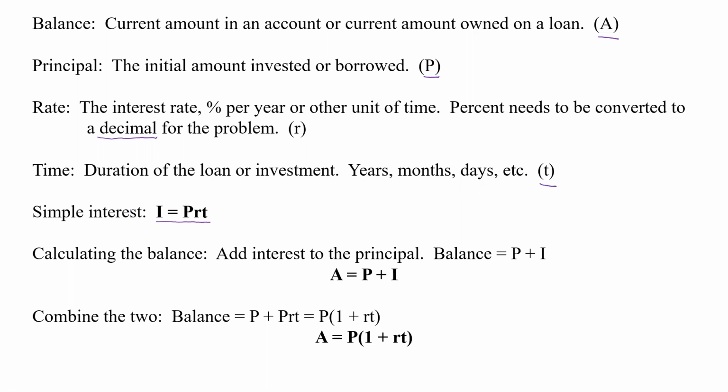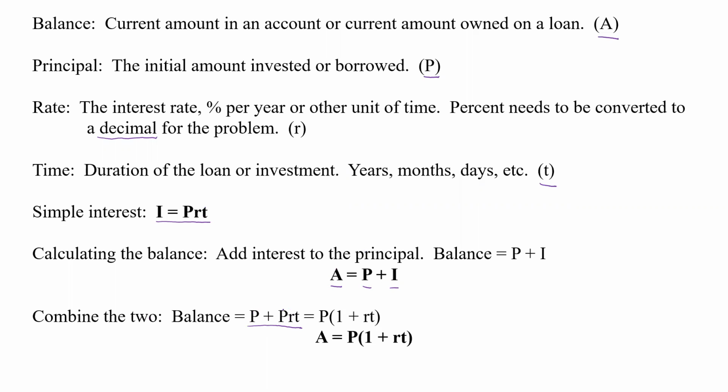That's when they ask how much interest has been earned on this account. Then some of them will ask to calculate the balance. Basically, we're adding the interest to the principal. So the balance is equal to the principal plus interest, or in terms of our letters, A equals P plus I. Well, I we get from here, so if we combine the two, the balance is P plus PRT.